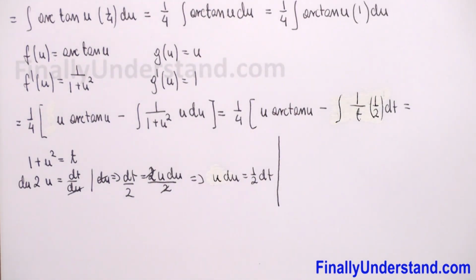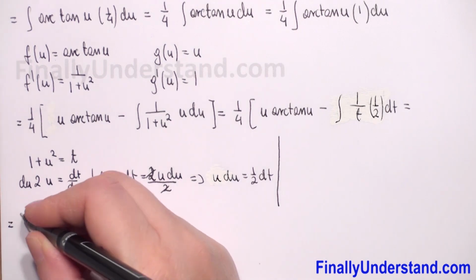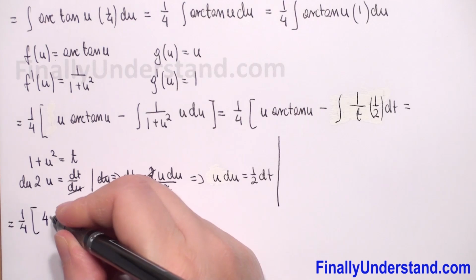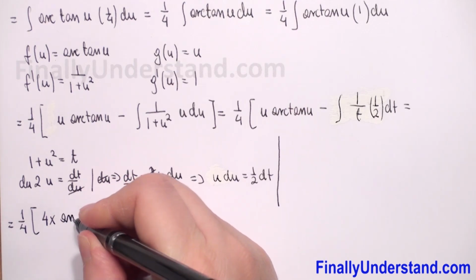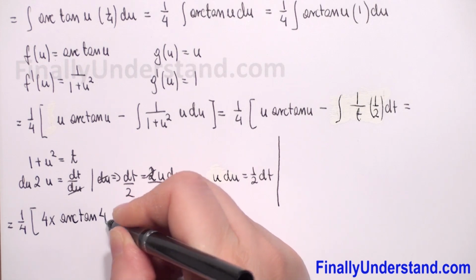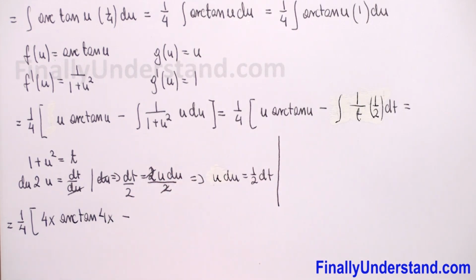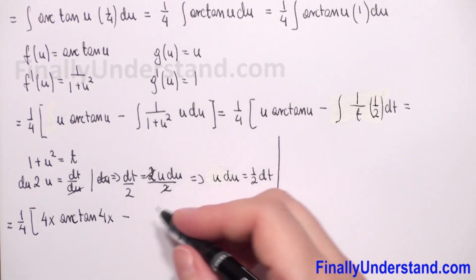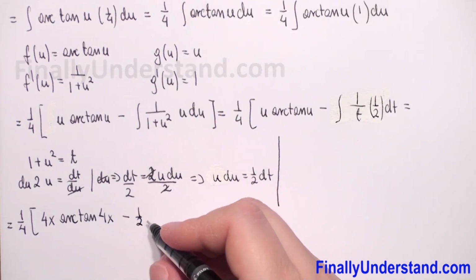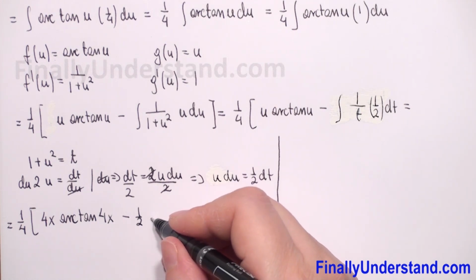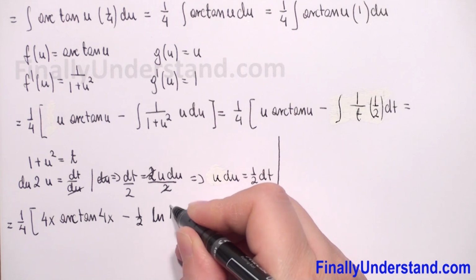So we will have 1 over 4 and in brackets we will have 4x arctangent of 4x minus, and first we will take this constant before the integral symbol, so we have 1/2, and the integral of 1 over t is natural logarithm of t.